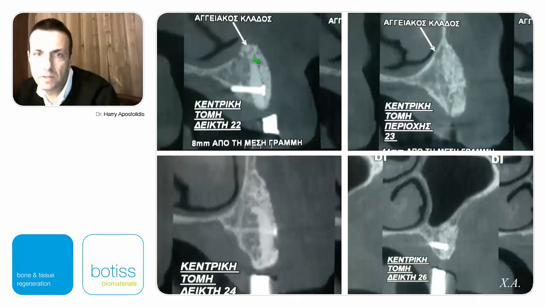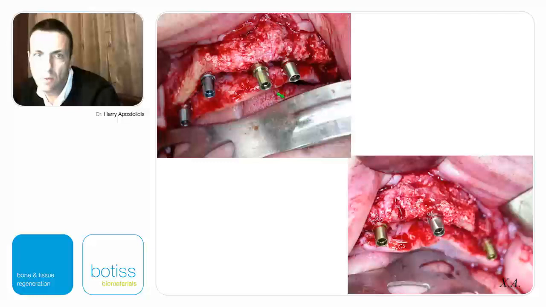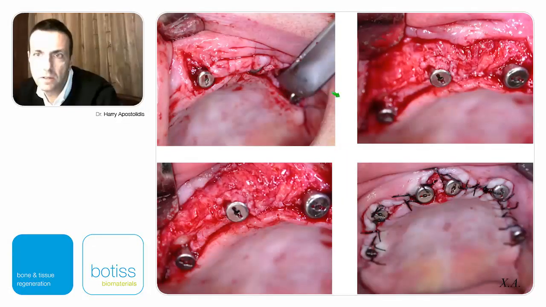We can place implants wherever we want. 2-2, 2-3, 2-4, 2-6. And we placed 6 implants.